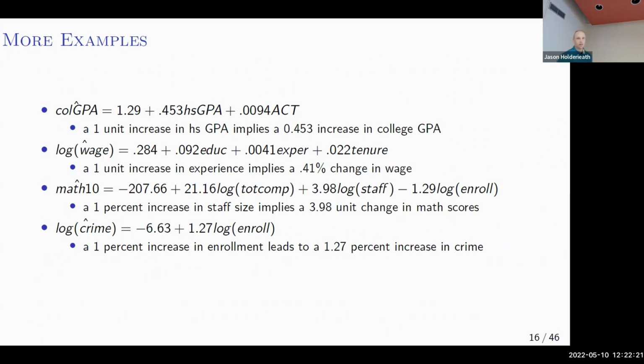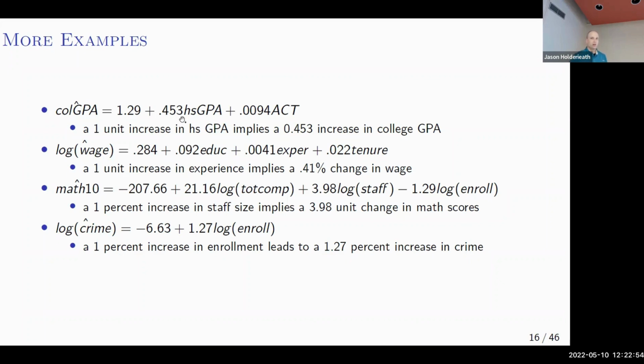We would expect that a 1 unit increase in ACT score leads to a very small change in GPA. A 1 unit increase in high school GPA implies a 0.453 increase in college GPA. So that one you should be pretty comfortable with. What might be a little less familiar, just so that you know these things can exist.